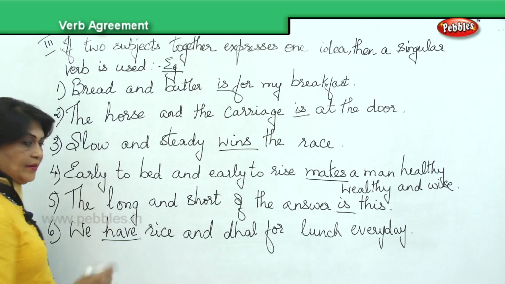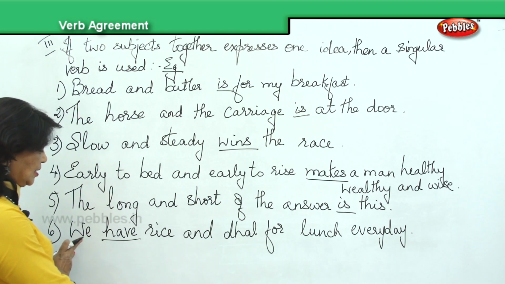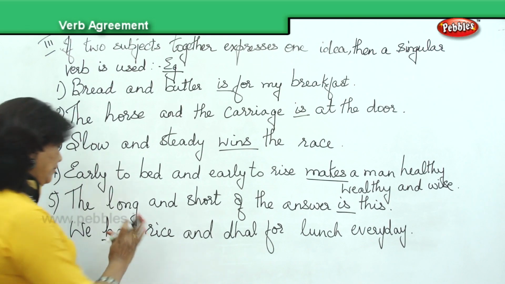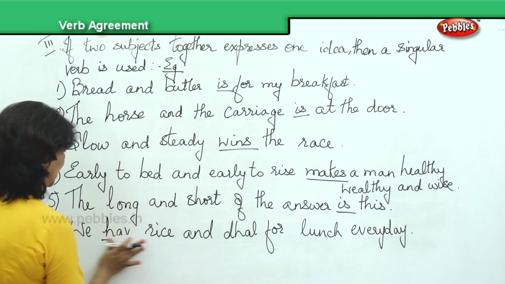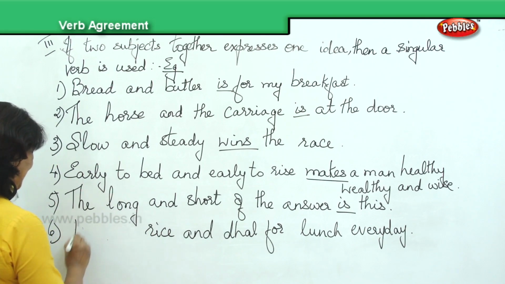We had. We don't say, that is when we say we, I say have. If I say he, okay, I'll use a singular verb here. He has.